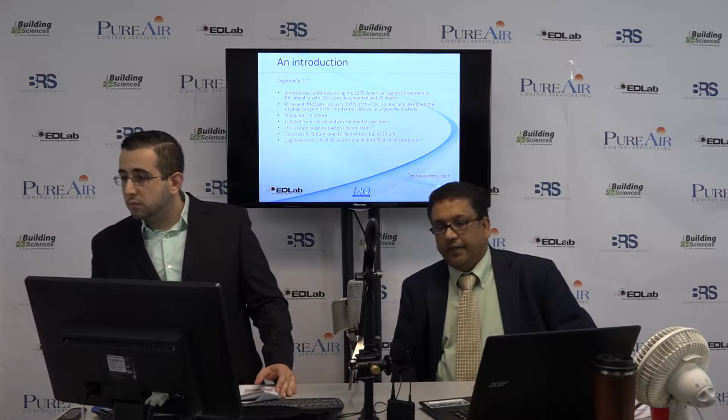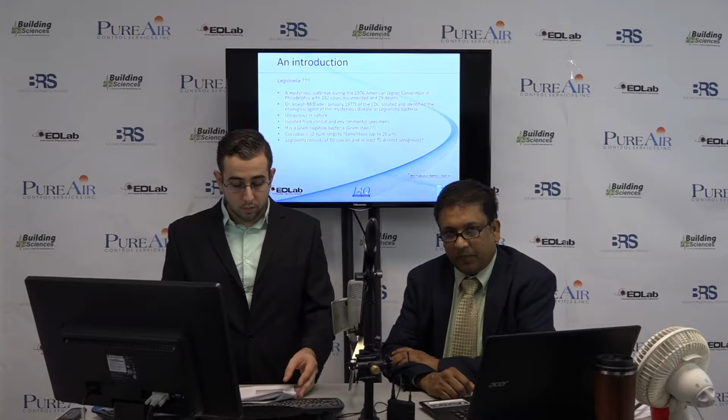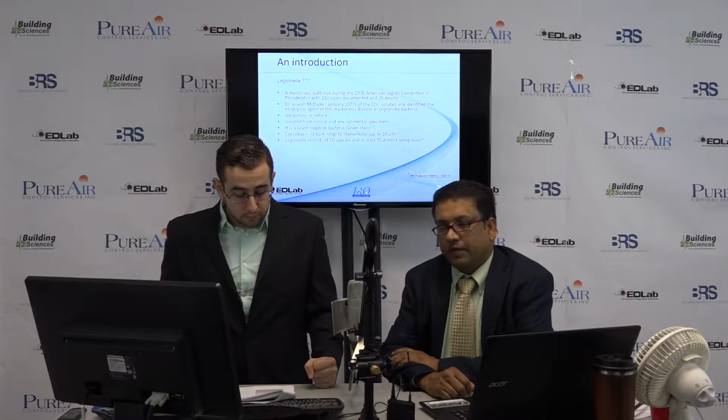But we need to understand what Legionella is. Basically, Legionella is a bacteria, and people first came to know about this bacteria when, mysteriously, in 1976 during the American Legion Convention in Philadelphia, a number of people, to be accurate, 182 people or so, were infected with this mysterious bacteria, and with the help of the CDC, finally Dr. Joseph D. McDade came up with the identification of this bacteria, which we know as Legionella.